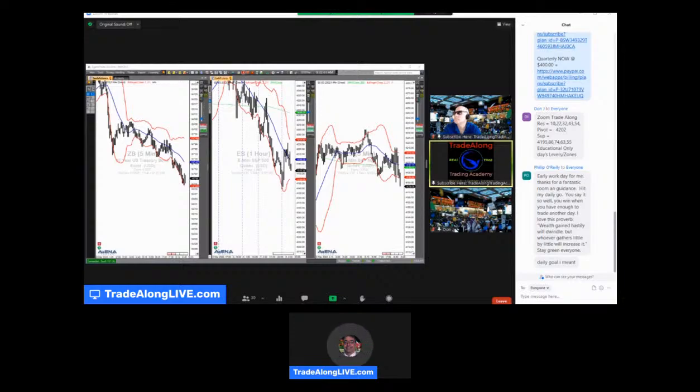A little support down here at the 74 area, coming down here to 74. And make sure you keep your stops in place no matter what.